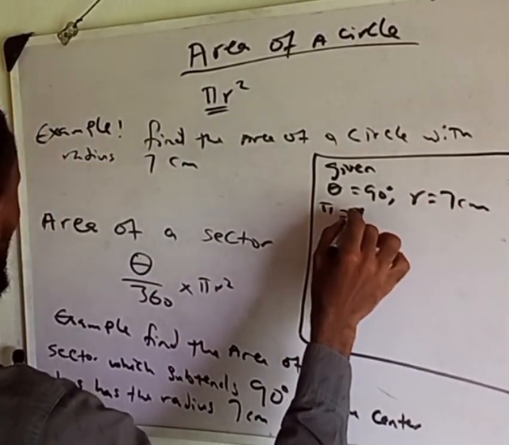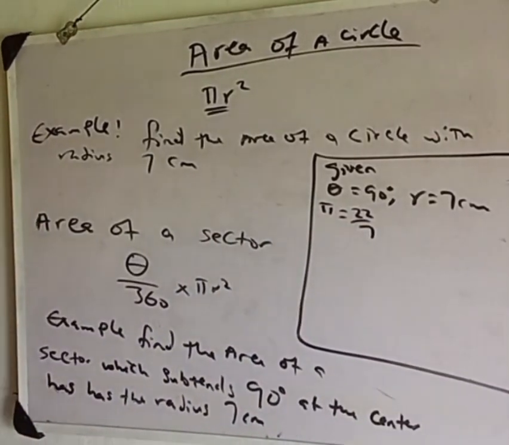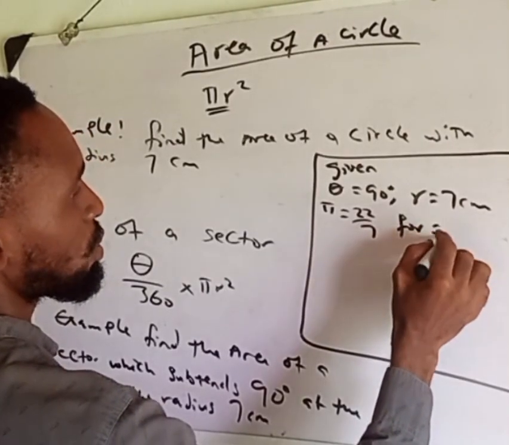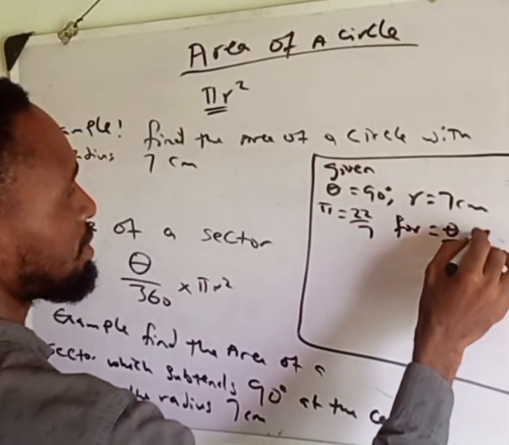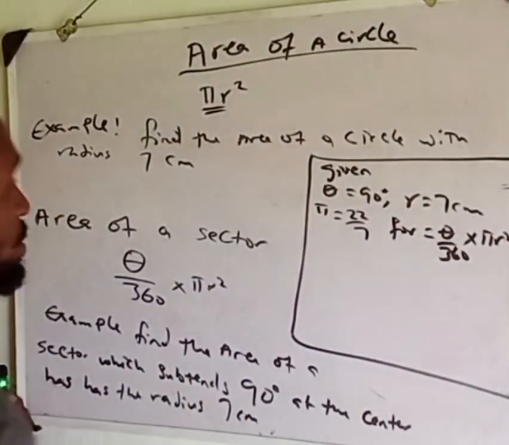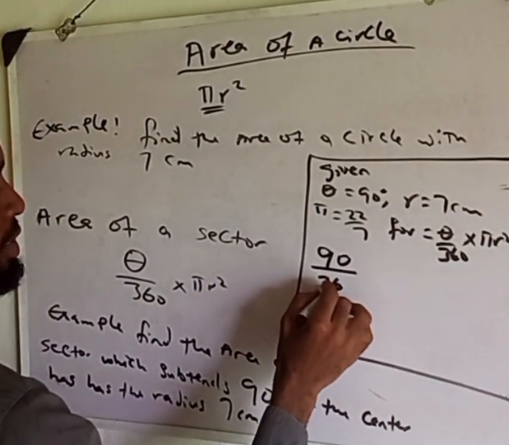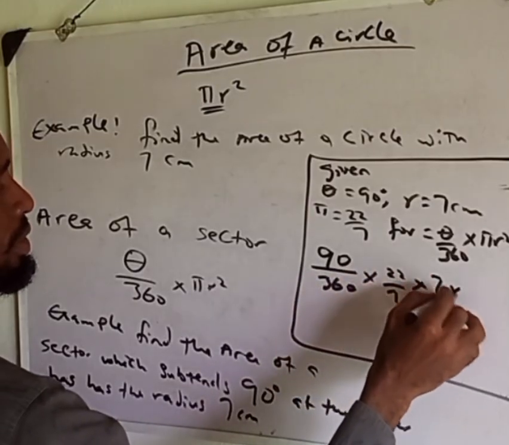Pi is equal to 22 over 7, right? I think we have everything that we need. Now the formula is equal to theta over 360 times pi r squared, which is the same thing as 90 over 360 times 22 over 7 times 7 times 7.